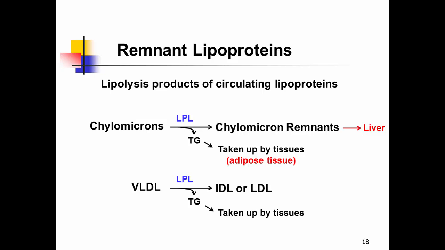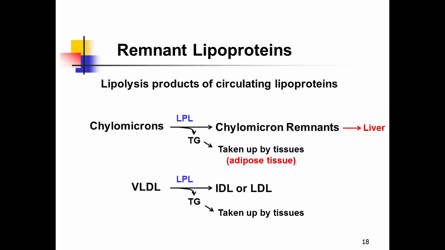And VLDL is then eventually converted to IDL or LDL. So IDL or LDL is the VLDL remnant, right? So the difference between the initial lipoprotein and lipoprotein remnant is the change in the core lipid content. Does that make sense? The remnant size becomes smaller compared to the initial lipoprotein, because lots of lipids have already been taken up by the tissues.